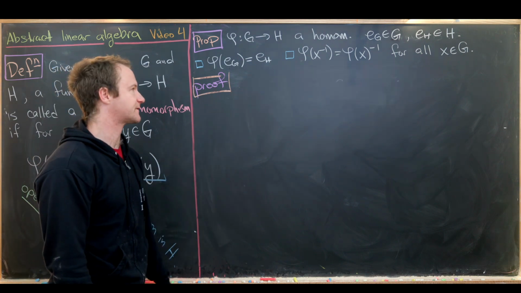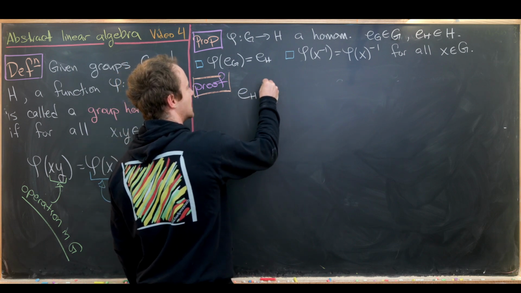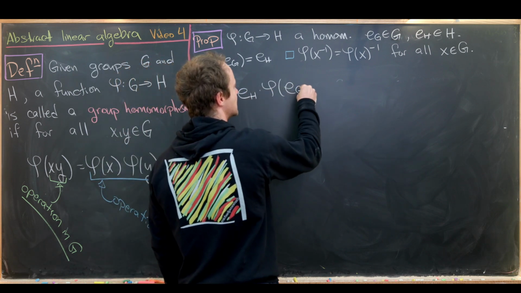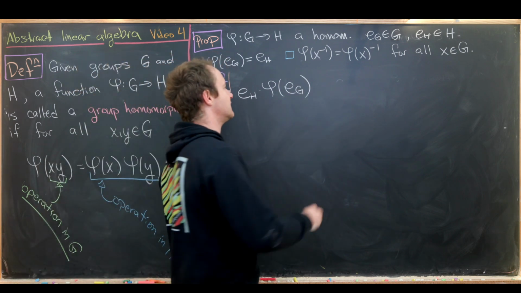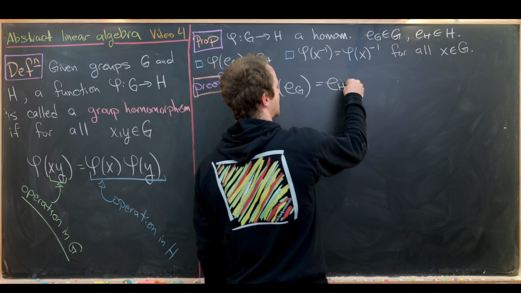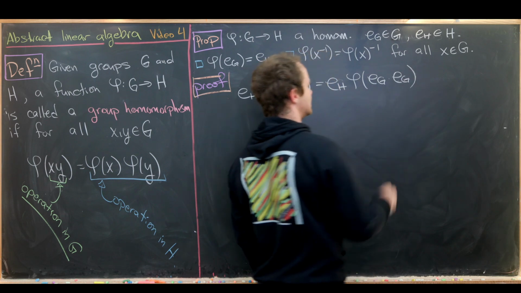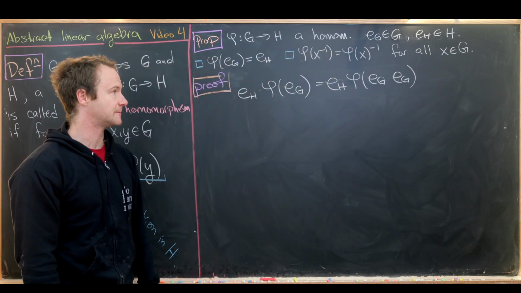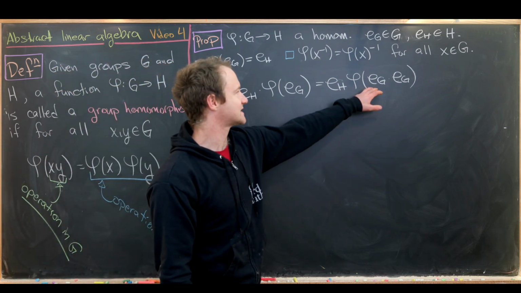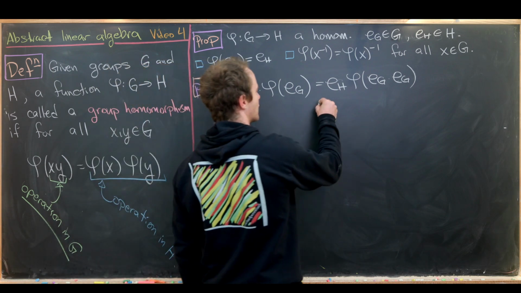Okay, so let's start with this first one. I'll start by writing e_H times phi of e_G, like this. Then I'll take this phi of e_G and rewrite it as follows. I'll write this as phi of e_G e_G. It's because the identity times the identity is very clearly the identity. But now we can take this guy right here and split it into 2 parts using the fact that phi is a homomorphism.